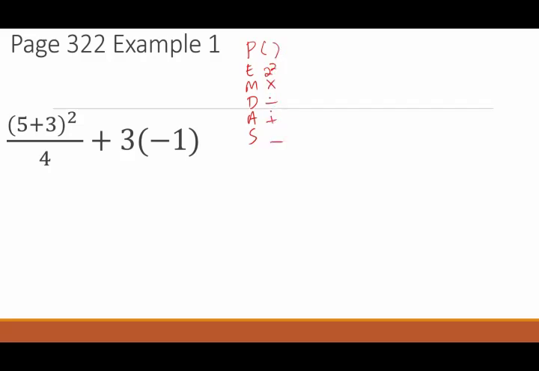Our first step: do we see anything that's in parentheses? I see something in parentheses right here. So the first step is to do what's in parentheses. So 3 plus 5 is really 8. So let's rewrite this: 8 squared over 4 plus 3 minus 1.